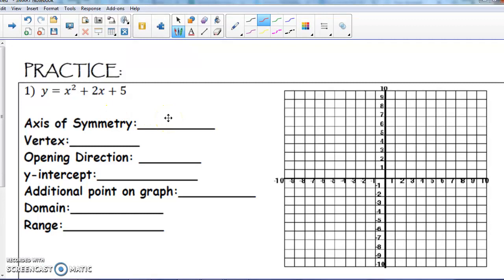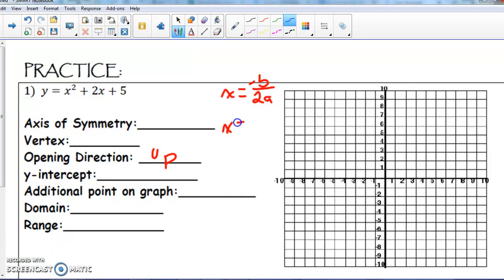All right, so looking at this quadratic, it says y equals x squared plus 2x plus 5. Again, in subsequent stuff, I'll probably move opening graph up to the top because I like to answer that question first. I know that this graph opens up because it leads positive. Now, when I'm looking for the axis of symmetry, forever and always, that formula looks like opposite of b over 2a.